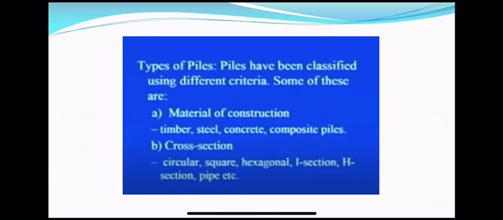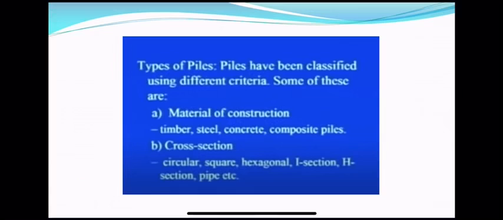Based on the material of construction, you have timber piles, steel piles, concrete piles and composite piles. In case of cross section, the piles can be circular, square, hexagonal, I section or H. Depending upon the cross section, you call it a circular pile, square pile, and so on.